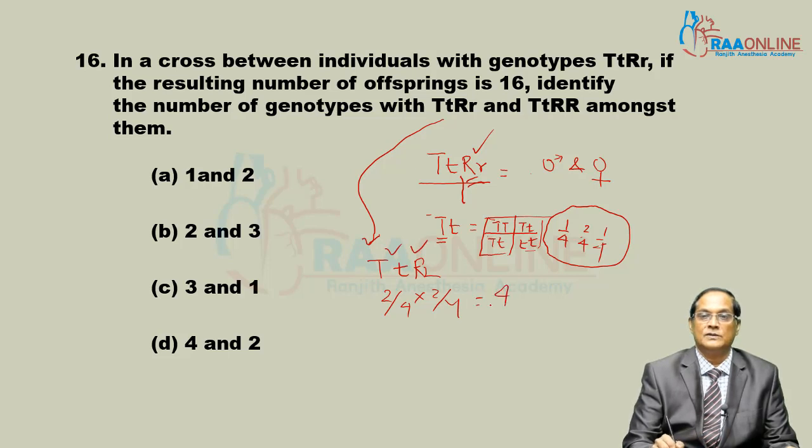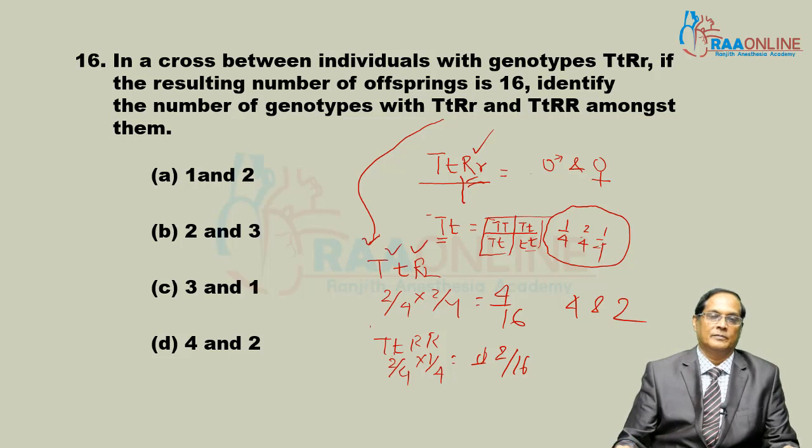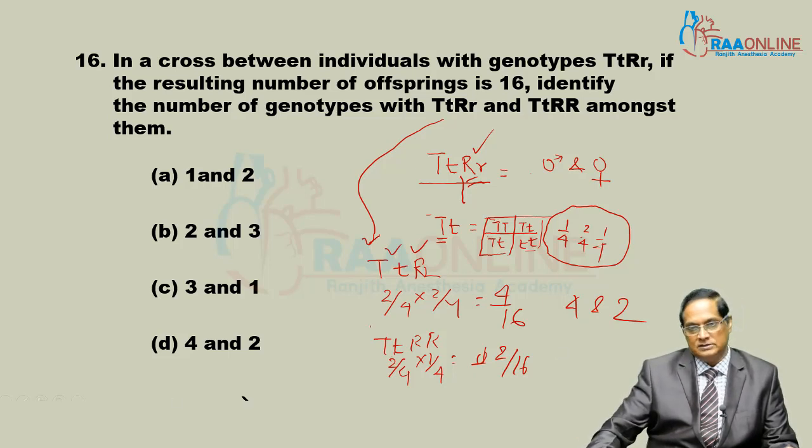So the answer is 4 by 16. And for the second one, capital T, small t, capital R, write the value 2 by 4 here and 1 by 4 here. You will get the answer 2 by 16. So the answer is 4 and 2. This is my answer, and question number 16 is solved.